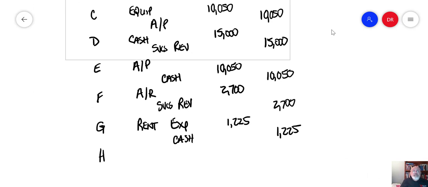Cash is increasing, so we debit cash for $11.25, and we credit the accounts receivable because customers are paying down their balance, $1,125.